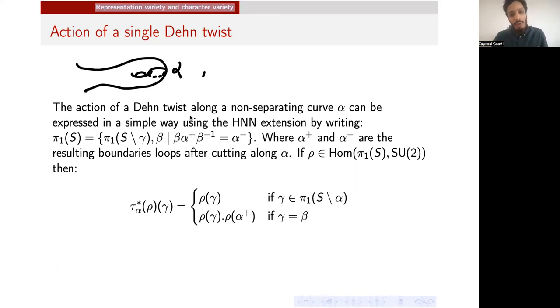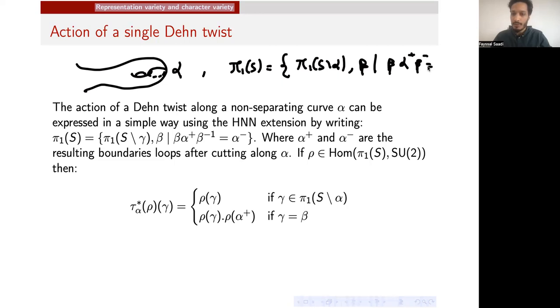Then using the HNN extension, you can always write the pi1 of S in the following way: as the pi1 of S minus alpha, and then you add an element beta such that beta alpha plus beta minus is equal to alpha minus. So we have these as generators of the pi1 of S with only this relation.